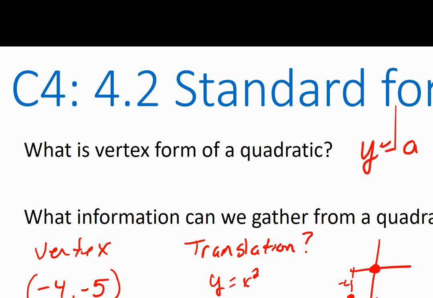The first section was all that vertex form stuff. Now we're going to work in standard form, and there's information that we can pull if it's already given to us in standard form. Or we can convert from standard form to vertex form and vice versa. So we can start moving stuff around a little bit to determine what exactly our final equation is going to look like based on the question.